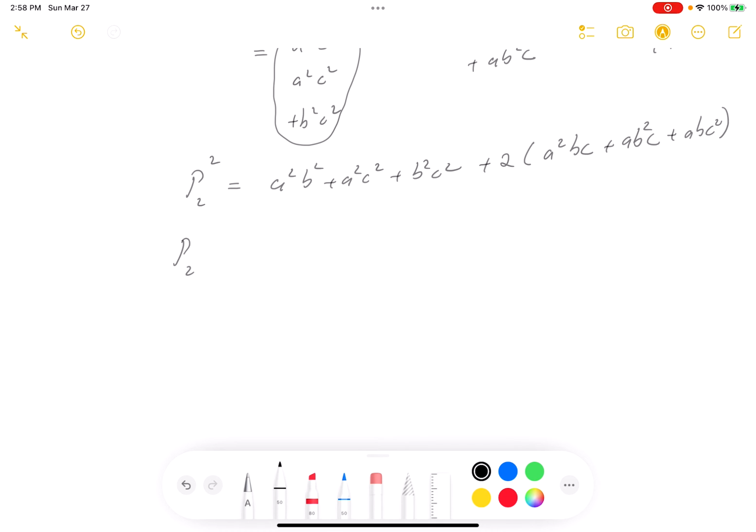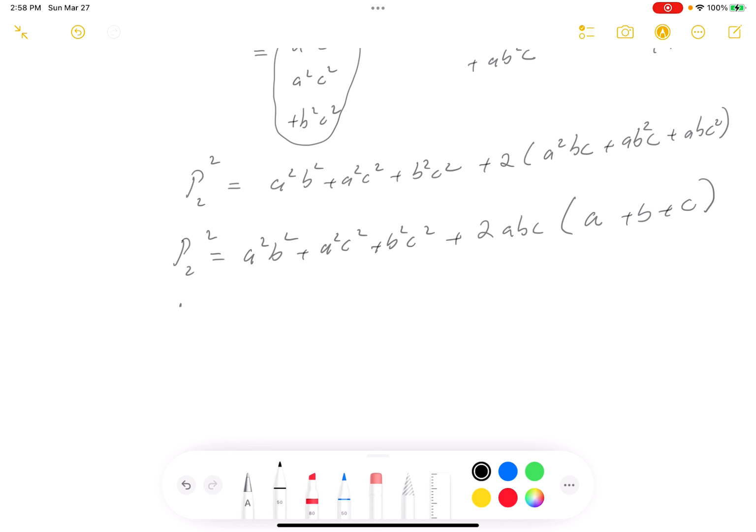Let me keep writing that. So P2 squared is equal to a squared b squared plus a squared c squared plus b squared c squared, and I'm going to factor out abc on that because I know what abc is. What would you be left with? a plus b plus c.